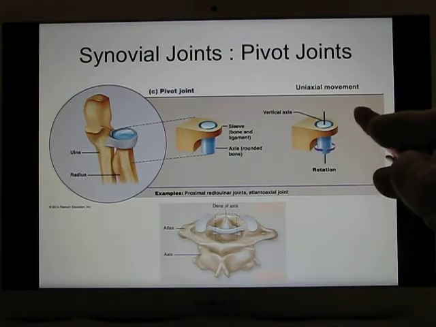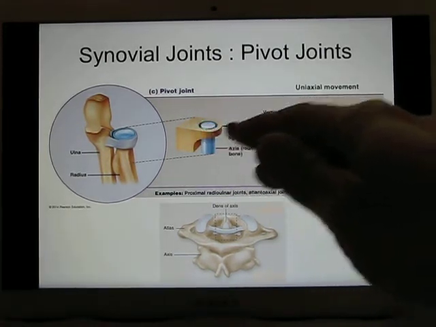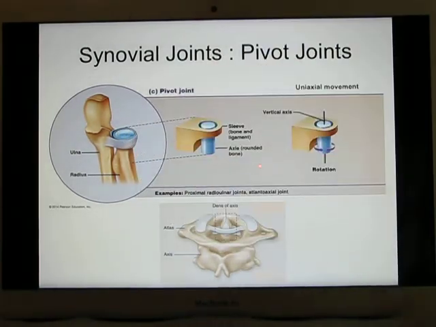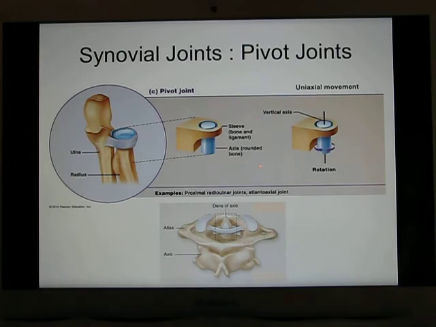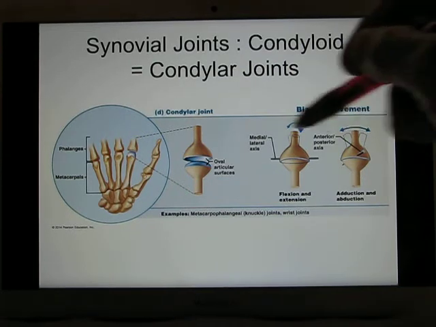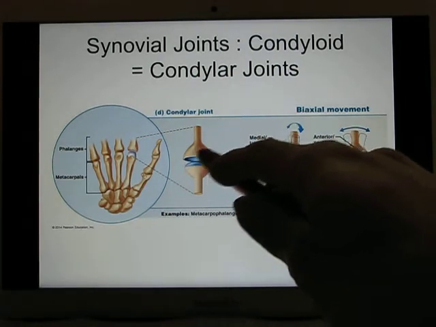Next one, pivot joint. A pivot joint has a center, and you are able to rotate around the center, like between the radius and ulna. That's the pivot joint. Next one, condyloid joint. A condyloid joint has an oval surface area.